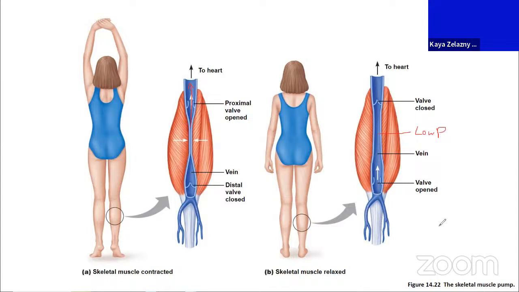We have movement from higher pressure to lower pressure, almost like we created a vacuum in here, right? So now this distal valve opens and blood moves up into this space in between the muscles and the cycle can repeat. So this is our skeletal muscle pump.